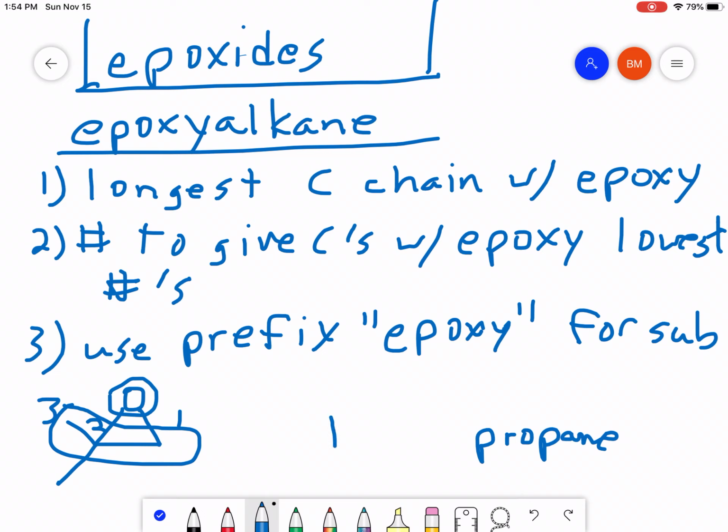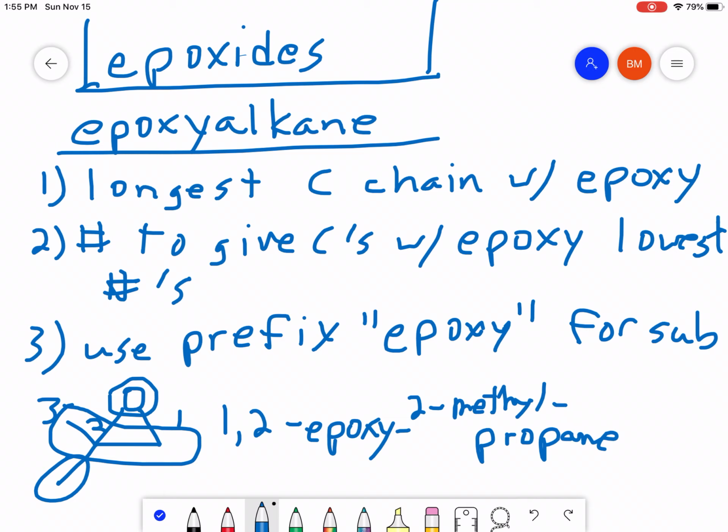So what we would say is 1,2-epoxy, because the epoxy group basically belongs to both carbons 1 and 2. And then lastly, we have a methyl group here on number 2. I'm running out of room, so I'll just write it up here. 1,2-epoxy-2-methylpropane.